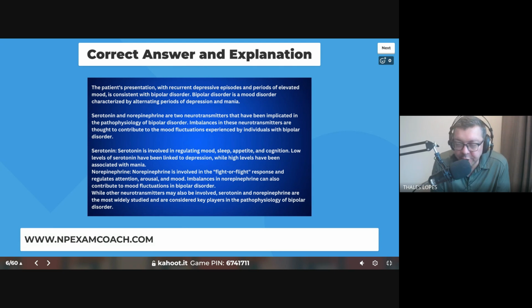Now, serotonin and norepinephrine are the two main neurotransmitters that have been implicated in the pathophysiology of bipolar. The imbalance of these two neurotransmitters is thought to contribute to the mood fluctuation experienced by individuals with bipolar.